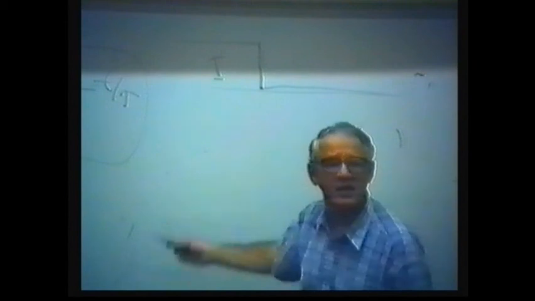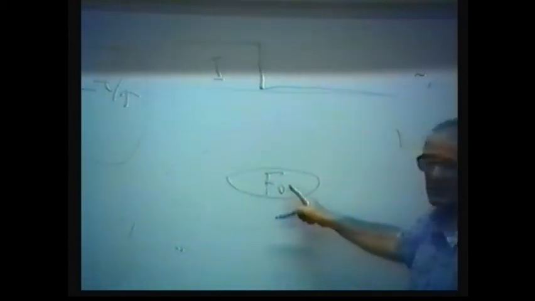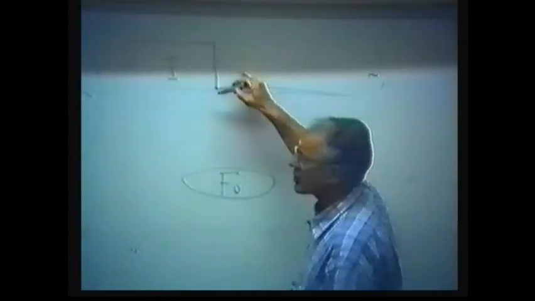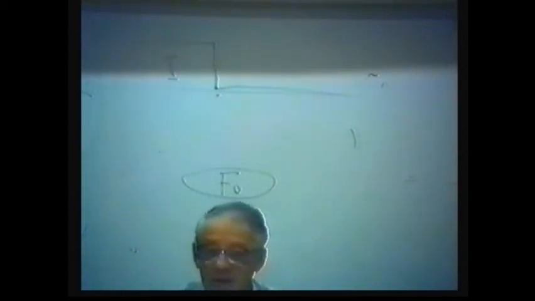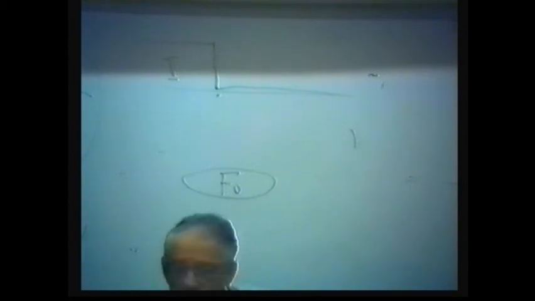Primary current creates what? Primary magnetic field, primary flux. So if I have here a ring, primary flux up to this moment equal F naught. Everybody understands? Constant, some number. Then I turn off current in transmitter. What happened with primary flux? Zero, disappeared.